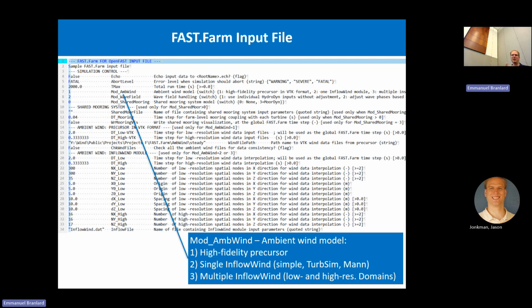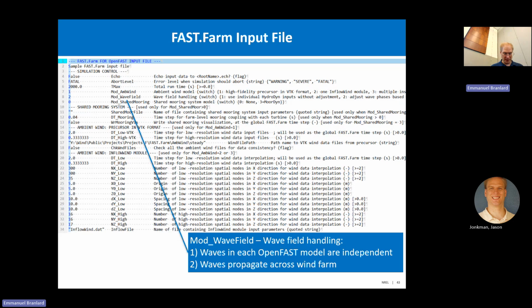So the low res has its own InflowWind instance, and every high res has its own InflowWind instance, which means you need a TurbSim file for every domain. The big question there is, how do you make sure the flow is consistent between the different boxes? And the script, again, will set that up for you using this time SR feature. So there's that Mod_AmbWind.